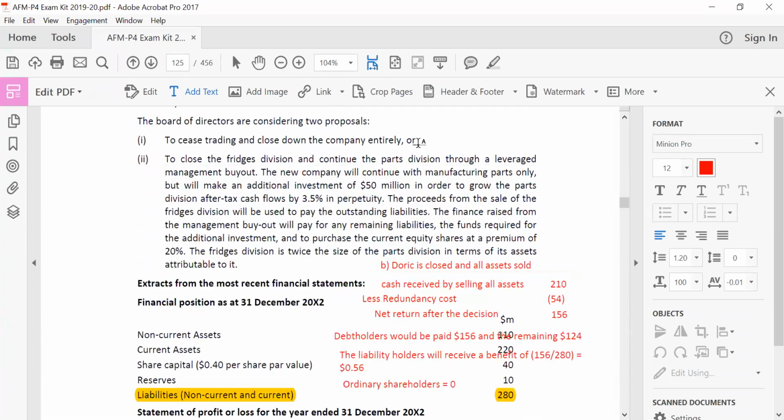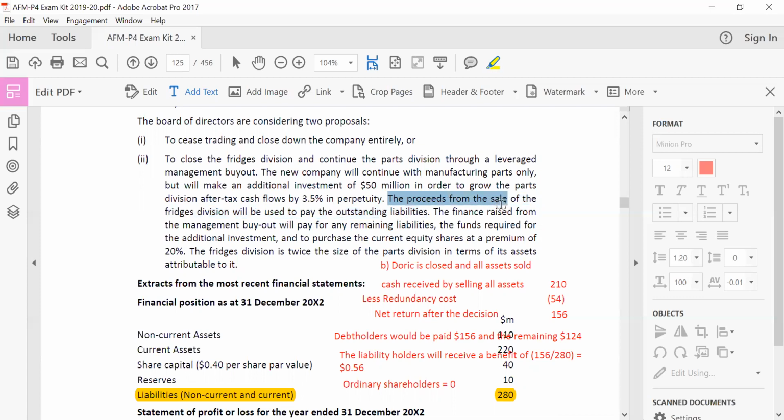They are saying that the proceeds from the sale of the fridges division will be used to pay the outstanding liabilities. So the 104 that they got, they used to pay the outstanding liability. Unfortunately, the outstanding liabilities were 280, and it was left with 176, which we couldn't get, so we had to search for that additional finance.